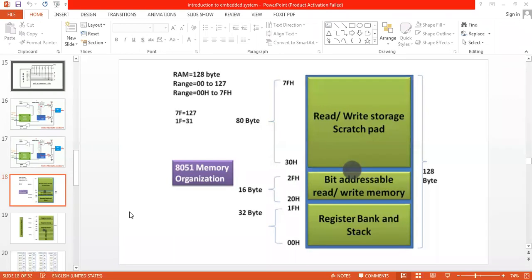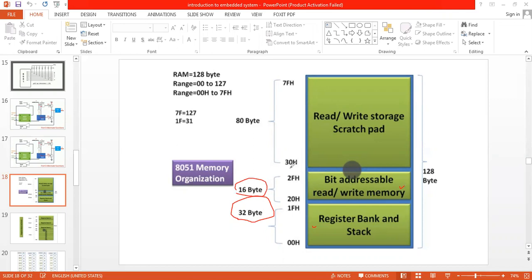In the previous class, we went through the memory organization of the 8051. That is the RAM memory organization. Here, it has been divided into 32 bytes of register banks and stack memory, 16 bytes of bit addressable memory, which can be read and written as individual bits, not as a complete byte.